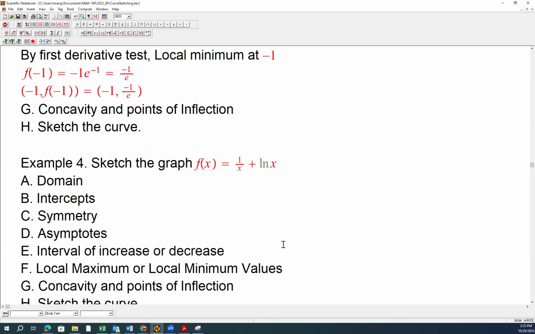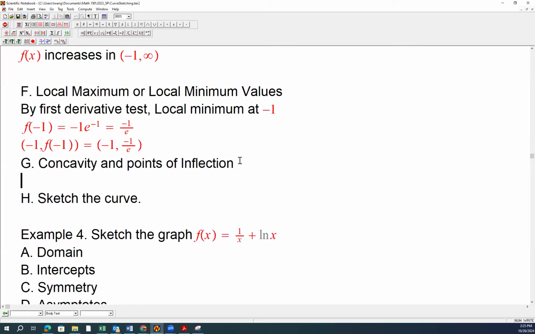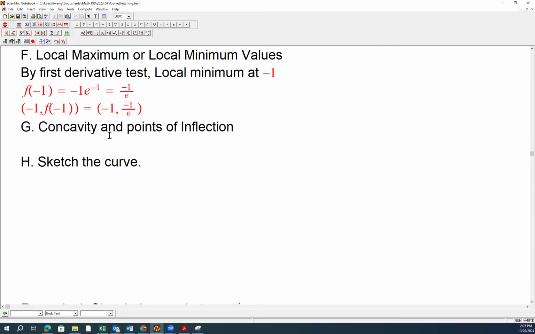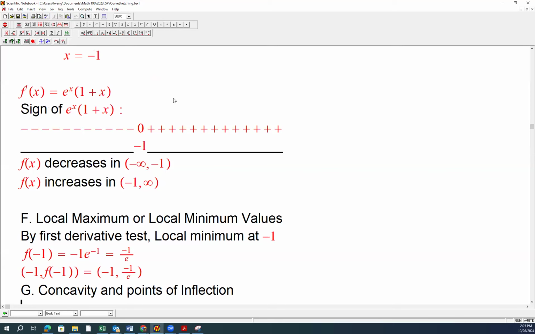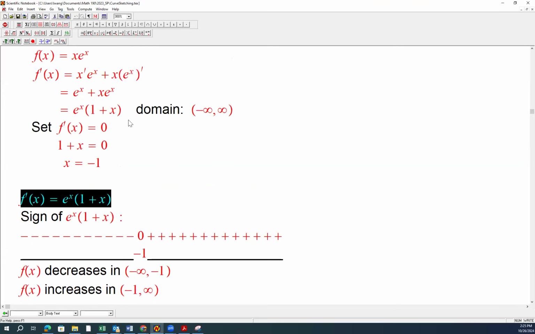All right, so let's check out the last two questions about concavity. On concavity, we're going to have to find the second order derivative, which is the derivative of the first order derivative.